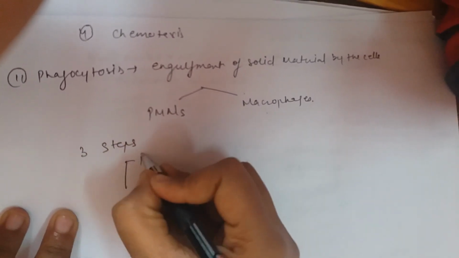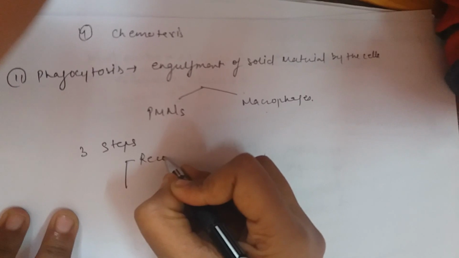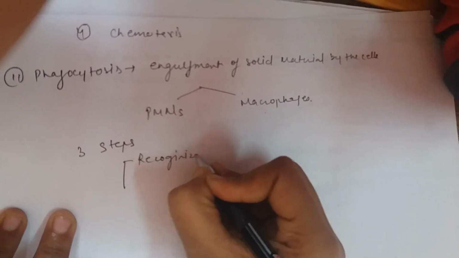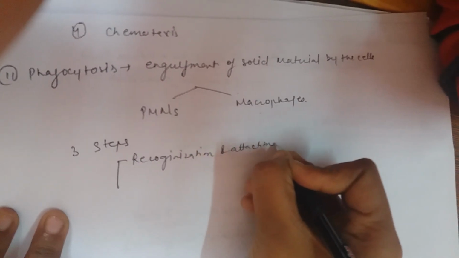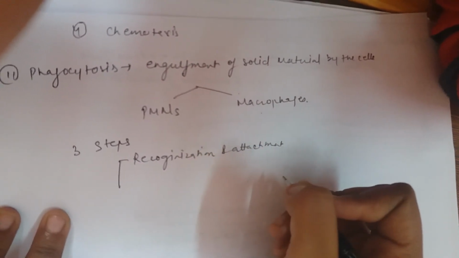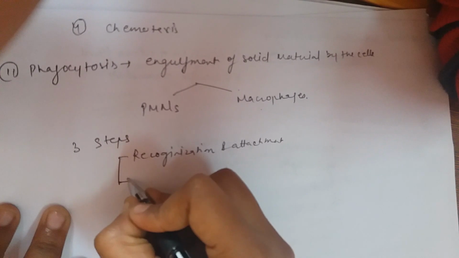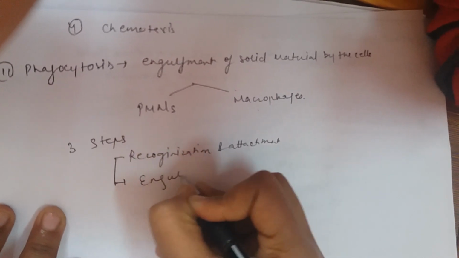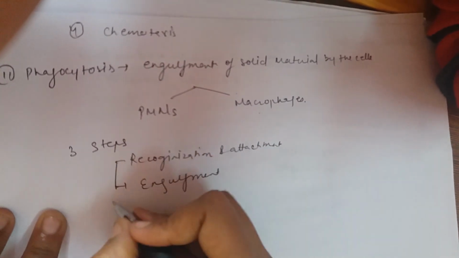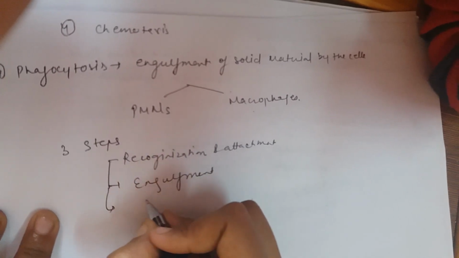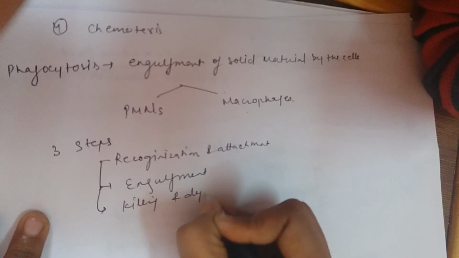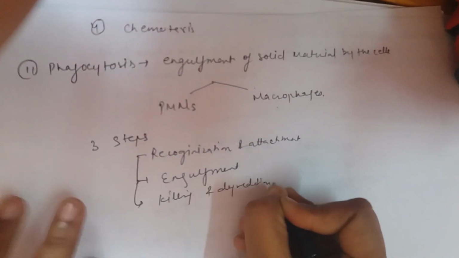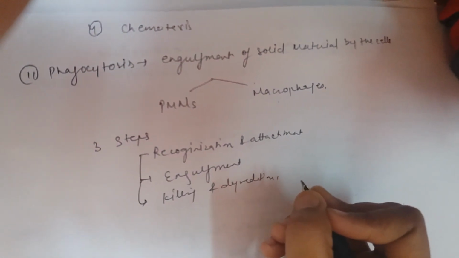One is recognition and attachment. Second one is engulfment. And third one is killing and degradation.